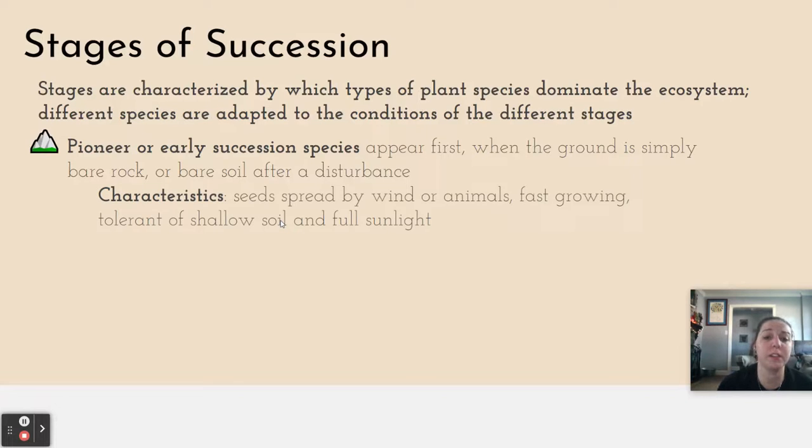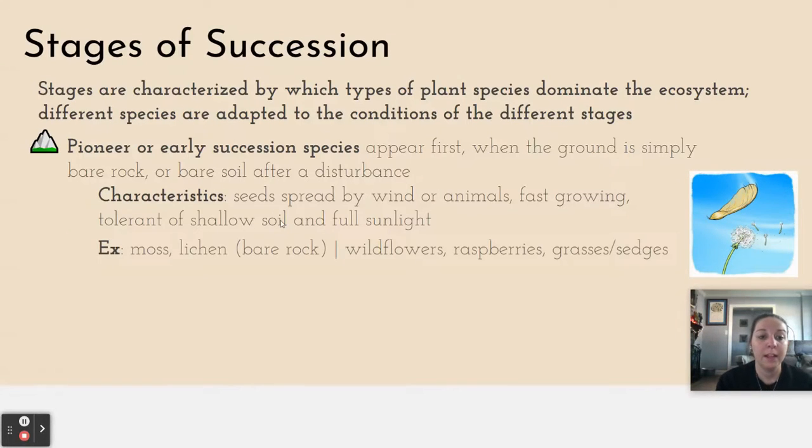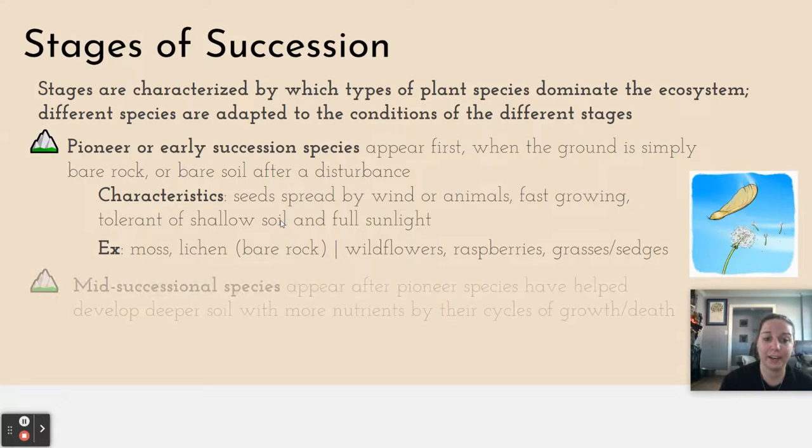And so these plants are going to have seeds that are spread by wind or animals. They're going to be fast growing, and they're going to be able to tolerate shallow soil that may not be as nutrient rich and full sunlight because there's nothing there to provide shade for them. So moss and lichen, those are going to grow on that bare rock, and then wildflowers, raspberries, grasses, sedges, weeds, that's going to be in our secondary.